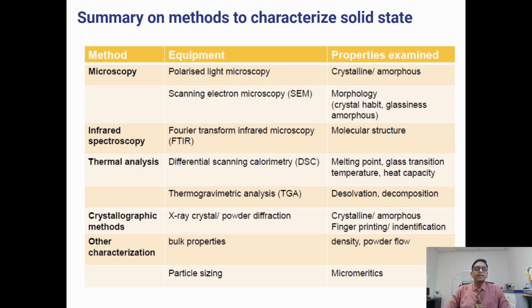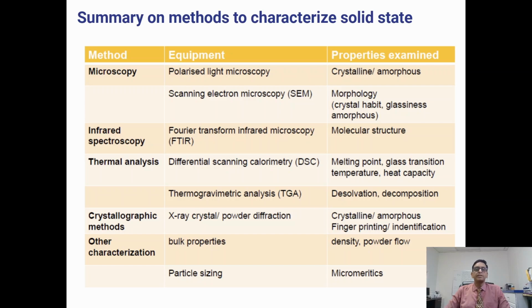Then the next method is infrared spectroscopy, also called FTIR spectroscopy or Fourier transform infrared spectroscopy, where we can analyze the solid in its molecular state, and the molecular structure can be identified or characterized. Similarly, the next method is thermal analysis.